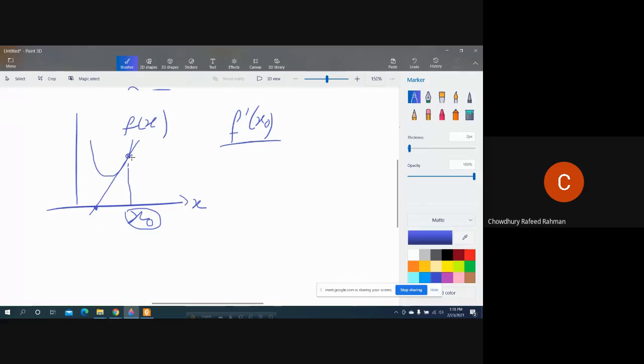Okay. Now, what is the angle that this particular line produced with the positive direction of the x-axis? First, let me just put one thing. Which is the positive direction of the x-axis? Is this the positive direction or is this the positive direction? Which is the positive direction? Sir, first one.